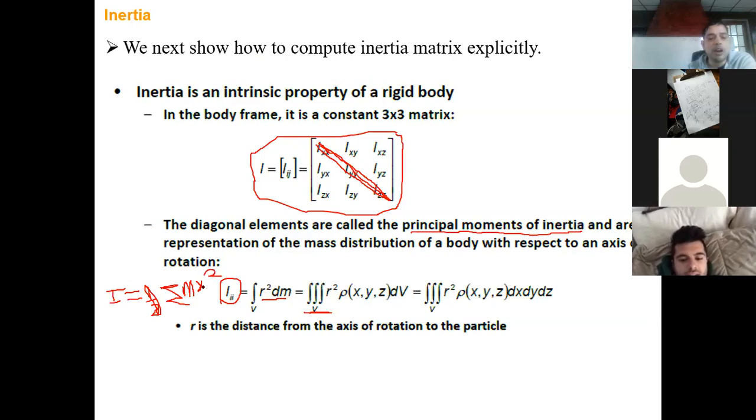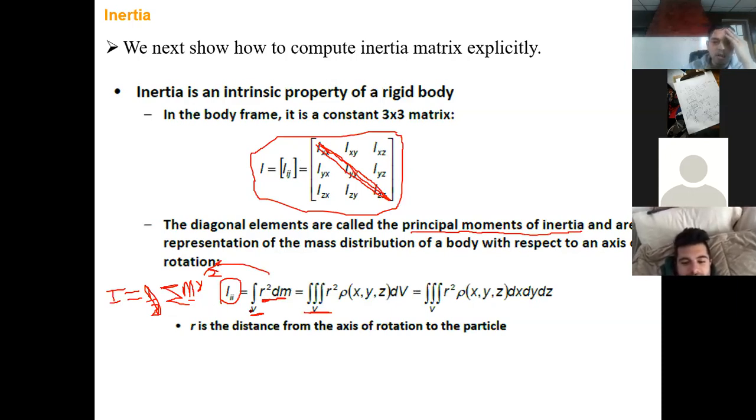So in our case, we have simply summation replaced by integration, m replaced by dm, and r squared is r squared. This is just the counterpart of that. I is defined as summation m r squared, which is integration of r squared dm.